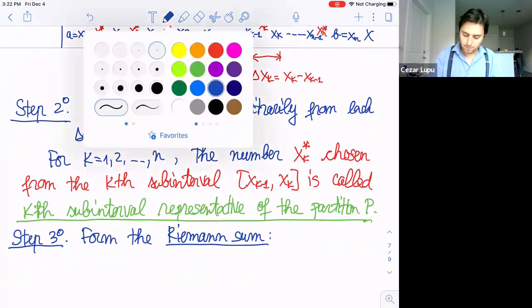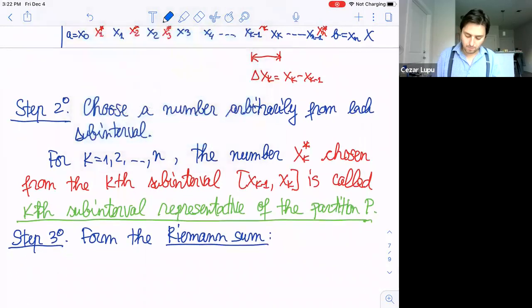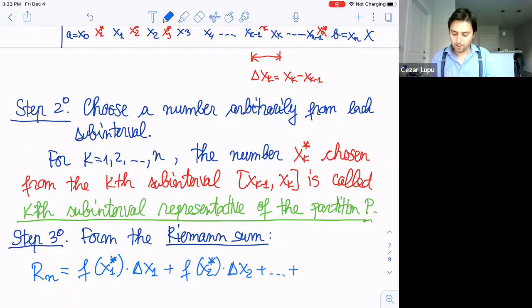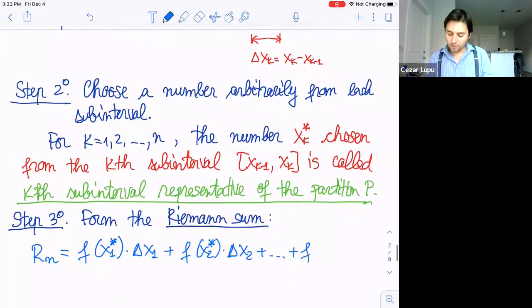Rn, this is the Riemann sum, Rn from Riemann, is f of x1 star times delta x1, you can see we take the difference on each subinterval, plus f of x2 star times delta x2, and we keep going, plus f of xn star times delta xn.